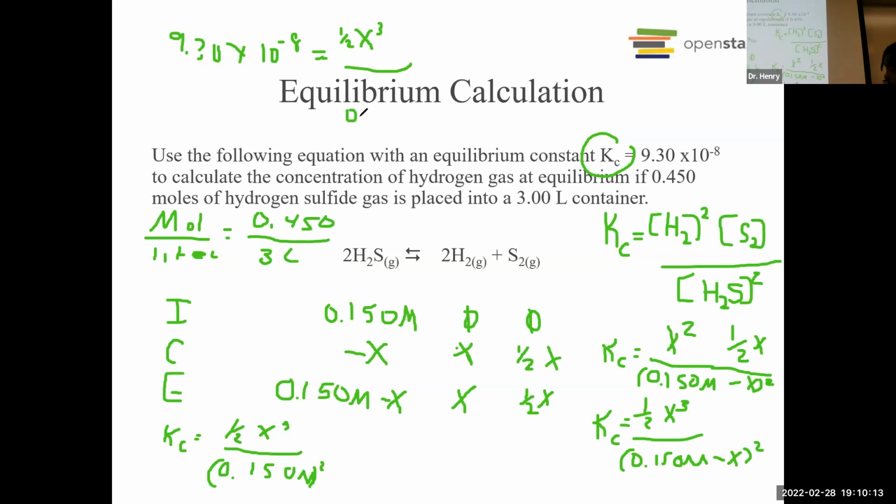That's 0.00375. Okay, hold on. So 0.15 squared.